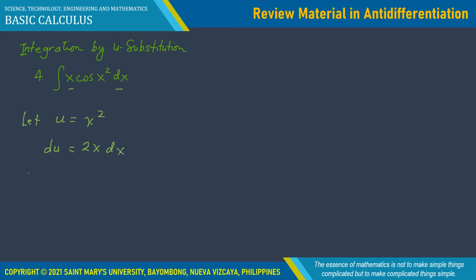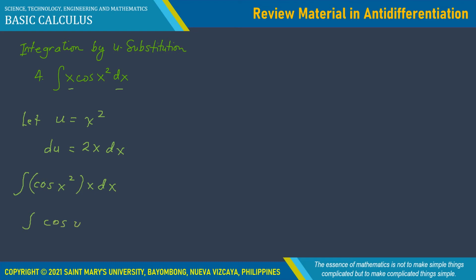Mag-substitute na tayo. So, yung function na given, pwede siya magiging cosine x squared times x dx. Okay, then substitution, we have integral of cosine. What's the value of x squared? That is u.